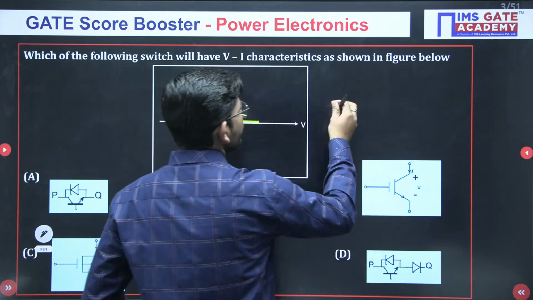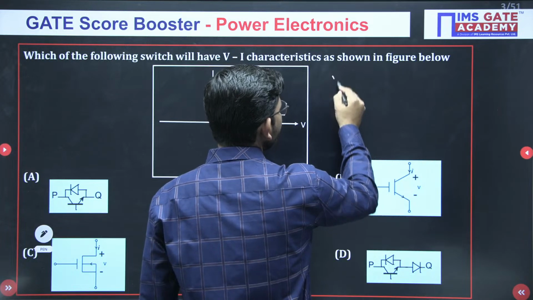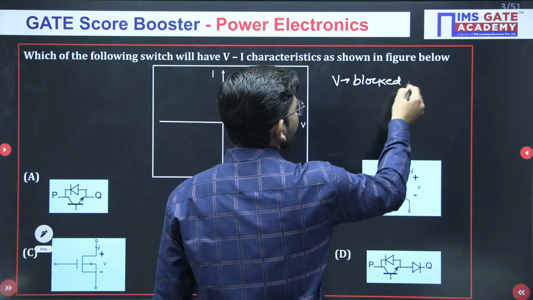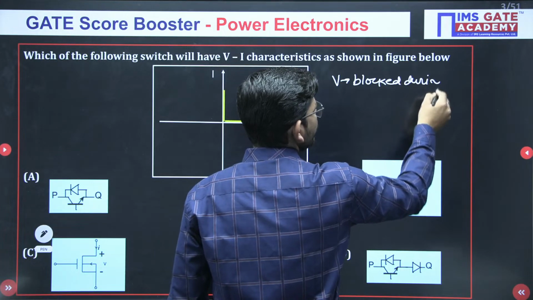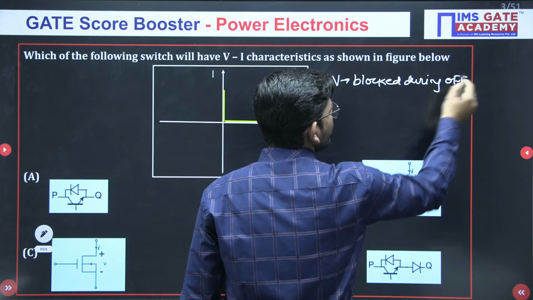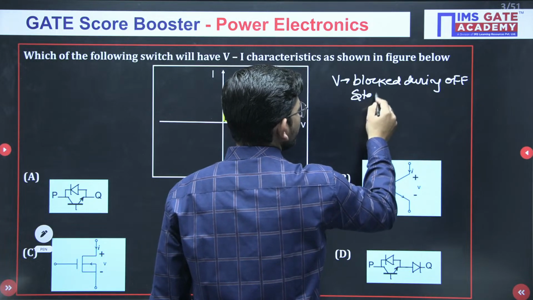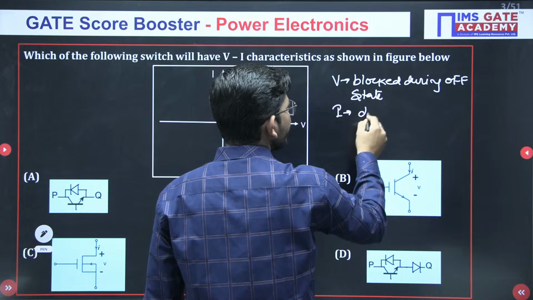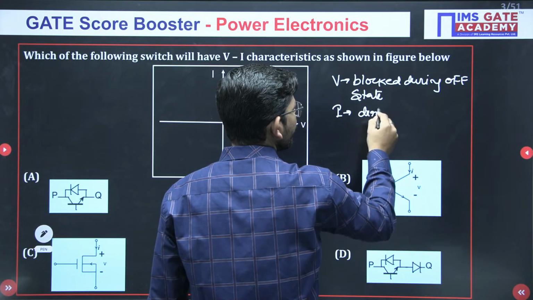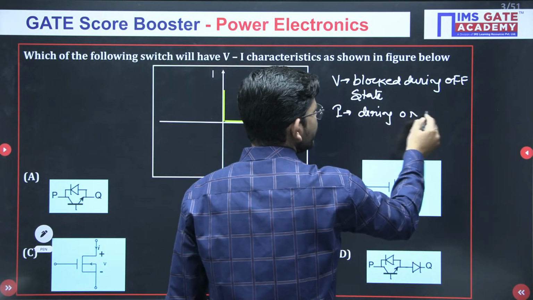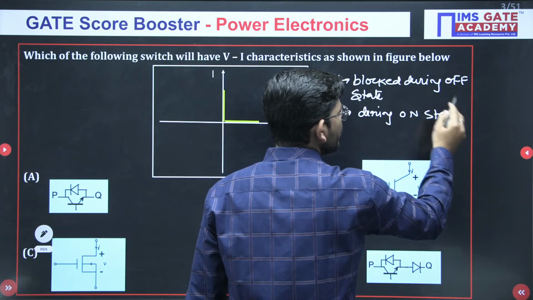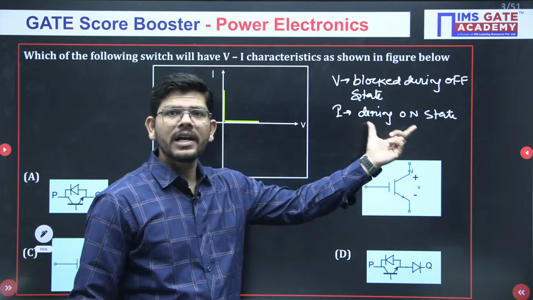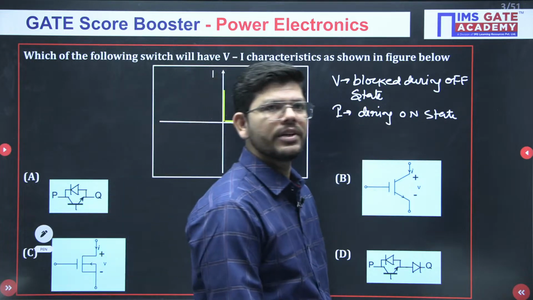Okay, so what we have to look for? We have to look for the voltage blocked during the off state and the current conducted by the switch during the on state.